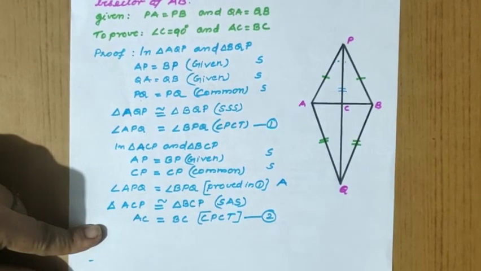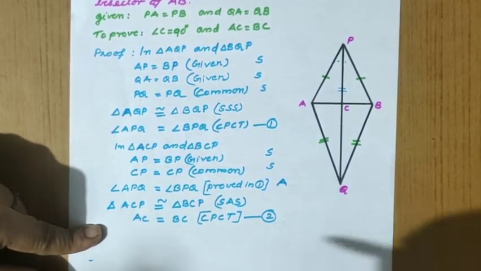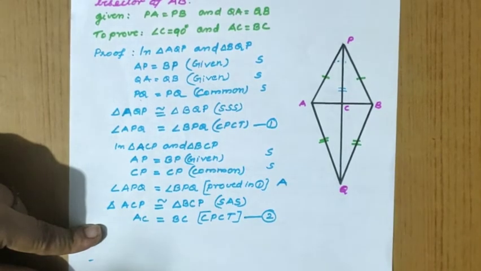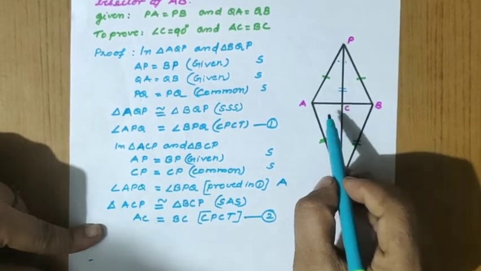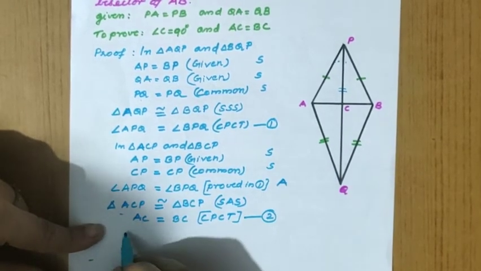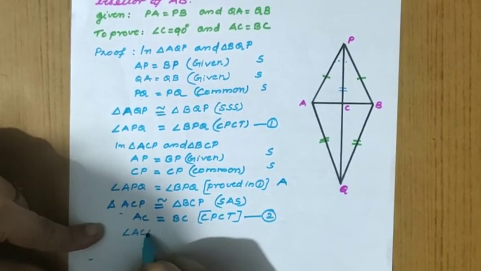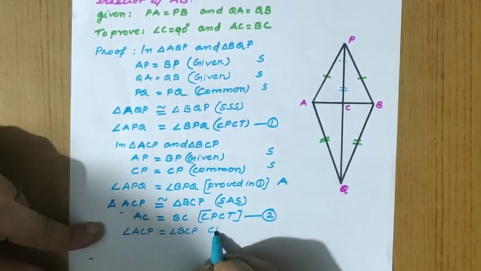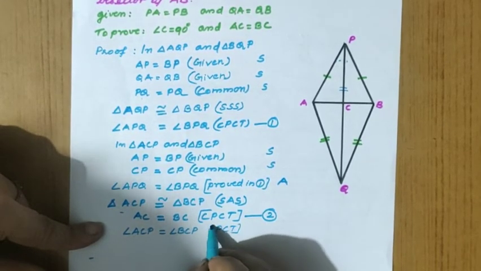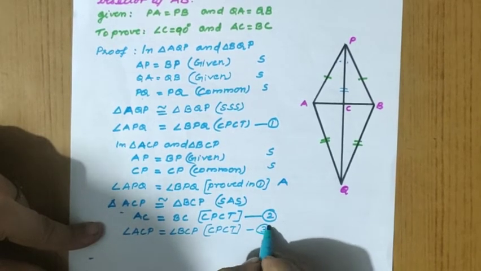Now what is the next thing to be proved? Perpendicular bisector. So by this you got the bisecting part. Now perpendicular means this angle only we have to prove. Now see, with this criteria, can we write that angle ACP is equal to angle BCP? Yes. What is the reason for this one? That is also CPCT. I'll make it 3 only now. Okay.